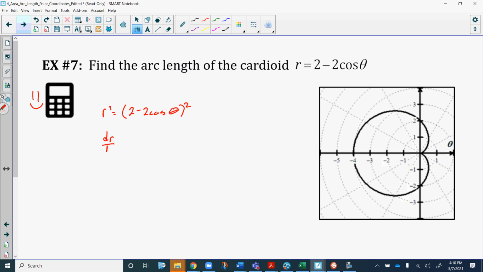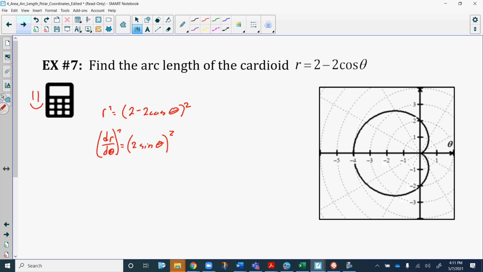The derivative of r with respect to theta is just going to be 2 sine of theta. And if I square that, I'm literally just going to say it's this value squared. I'm not going to try to say it's 2 times sine squared or 4 times sine squared theta. I'm just typing it in just like that.